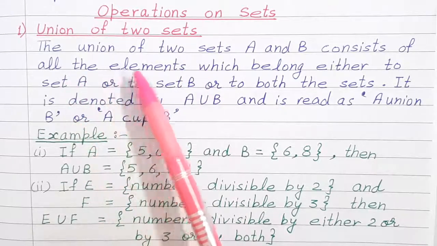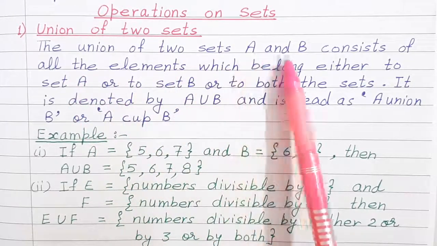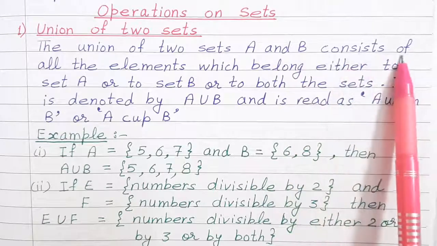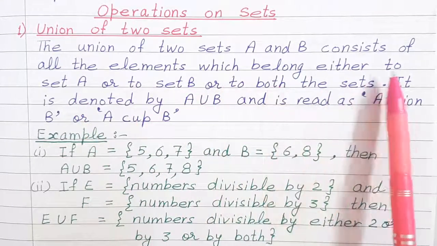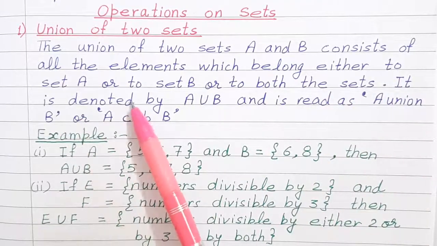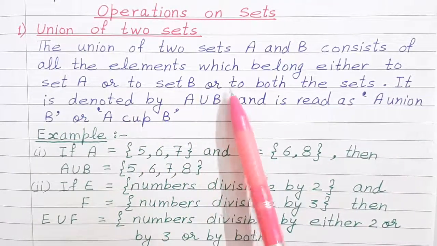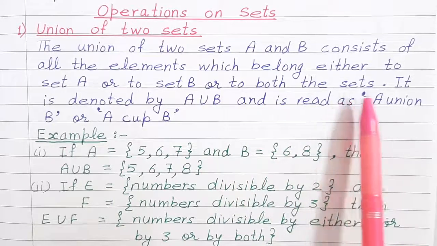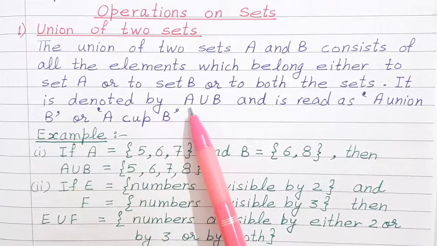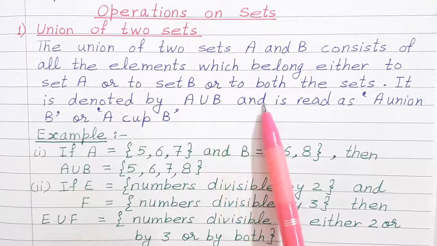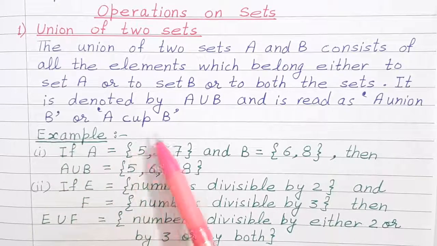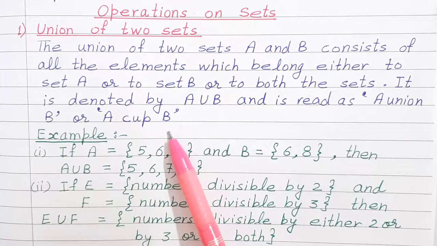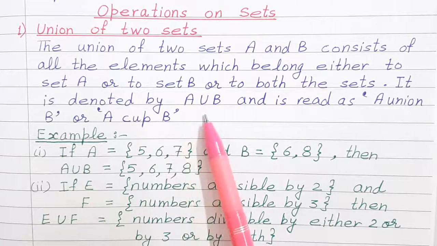The union of two sets A and B consists of all the elements which belong either to set A or to set B or to both the sets. It is denoted by A ∪ B, which we can read as A union B or A cup B, right? Children, remember we can have more than two sets also, right?